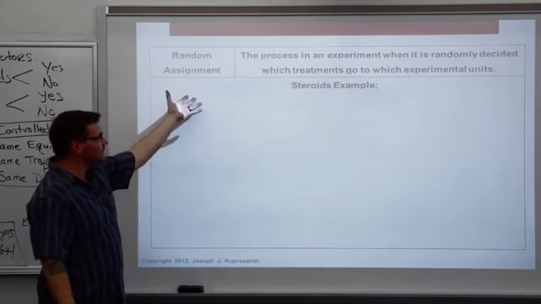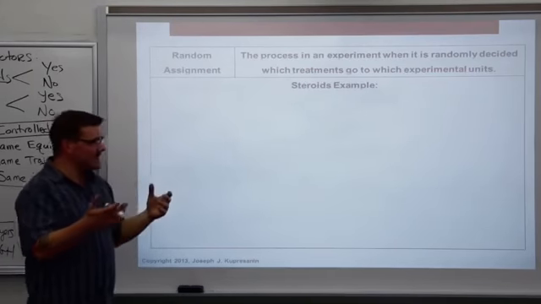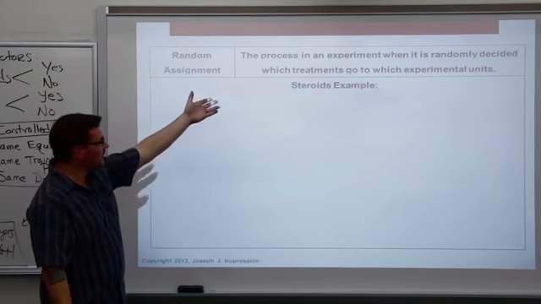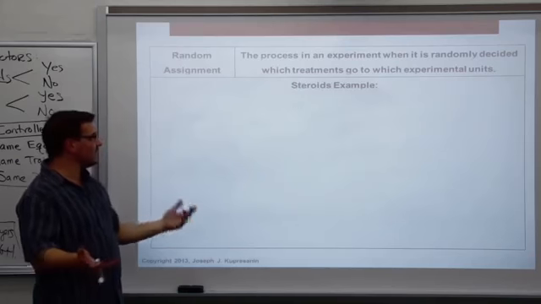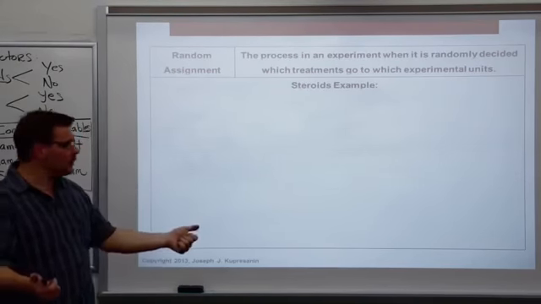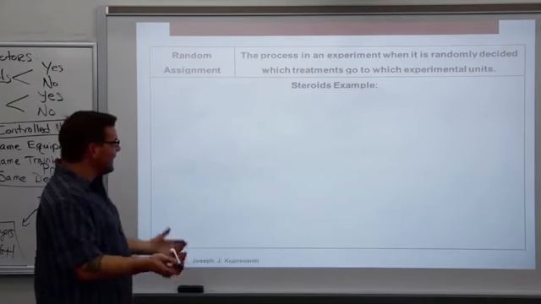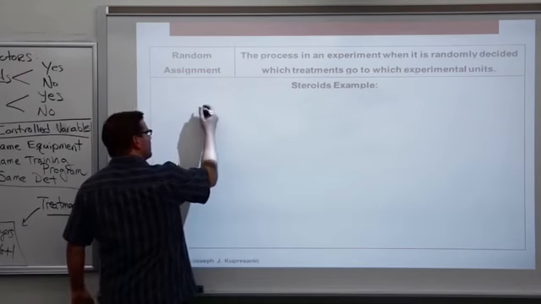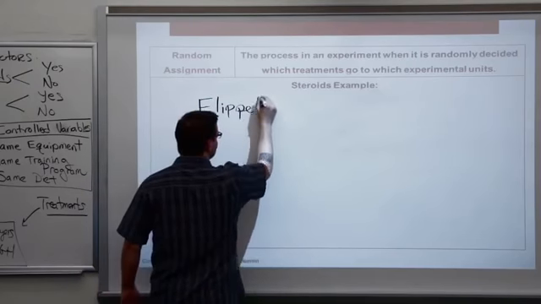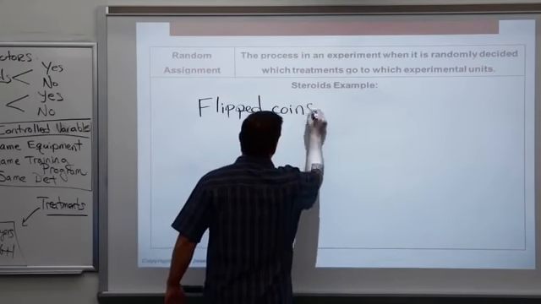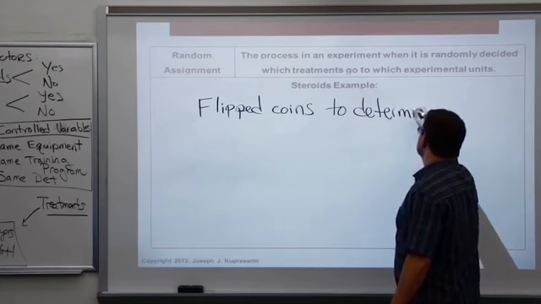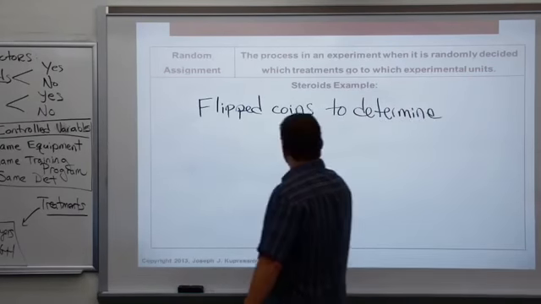Random assignment. When you're doing a designed experiment, you need to have random assignment. It's the process in which it's randomly decided which treatments go to which experimental units. In the steroid example, we used something as simple as flipping coins.